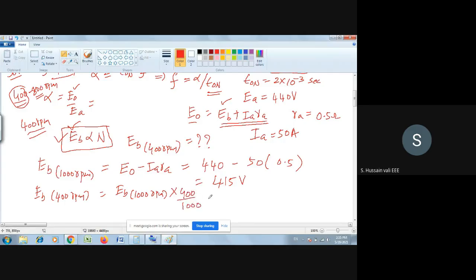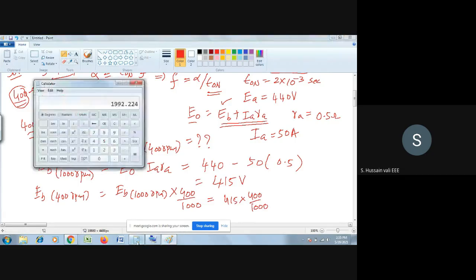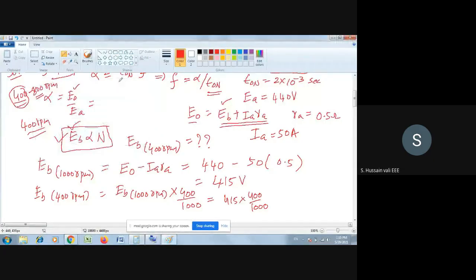That is 415 into 400 by 1000, so you get 166 volts. So the back EMF for 400 rpm is 166 volts.